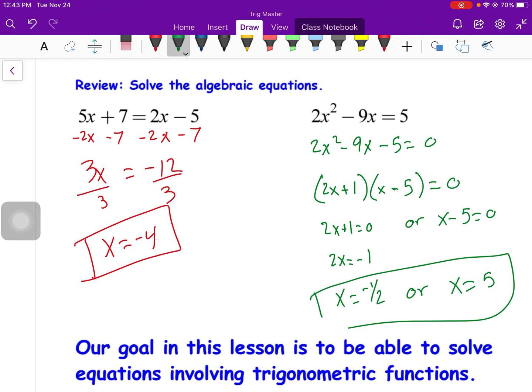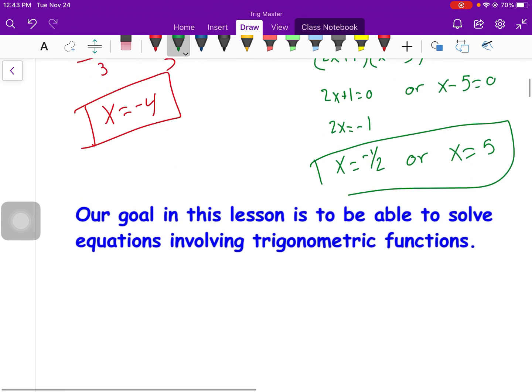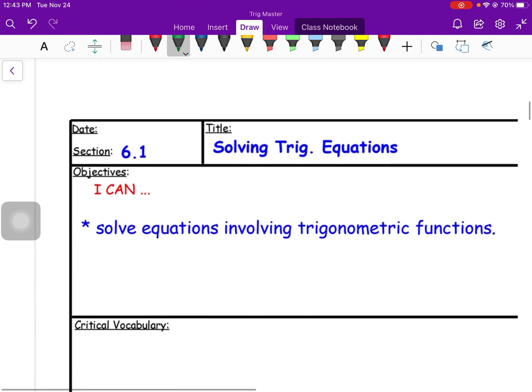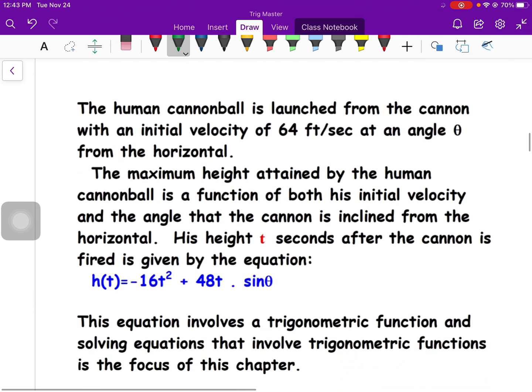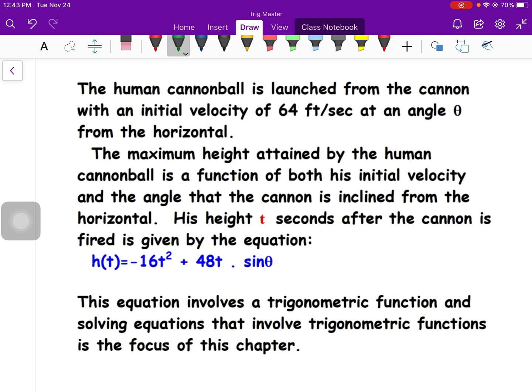Okay, for today, for this lesson in Trig, what we're going to be doing is solving equations. It's basic algebra rules, but then there'll be one step further in pretty much everything. So where this comes up is going to be in situations like this, where you're not very consistently going to be having to figure out the height of a human cannonball, but it's given by this general equation where this is supposed to be multiplied by sine theta.